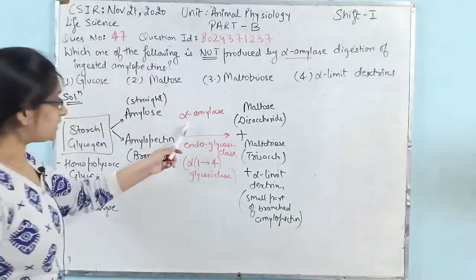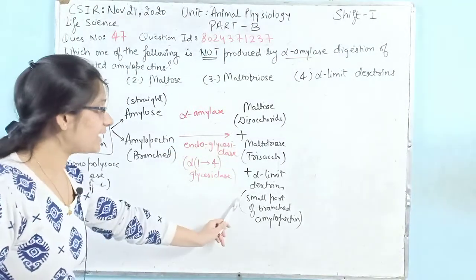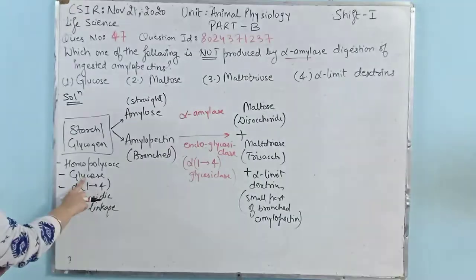So after digestion by alpha amylase, you will get the disaccharide, trisaccharide or oligosaccharide units, but never the monosaccharide unit.